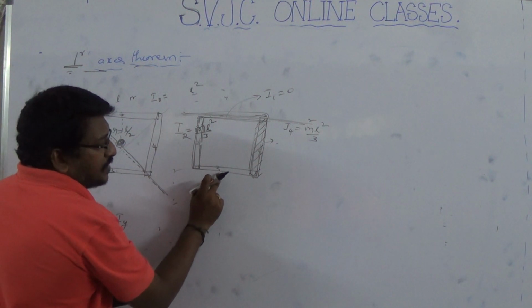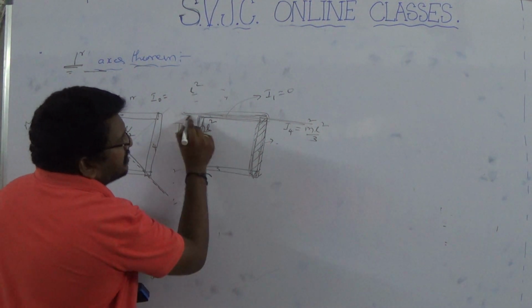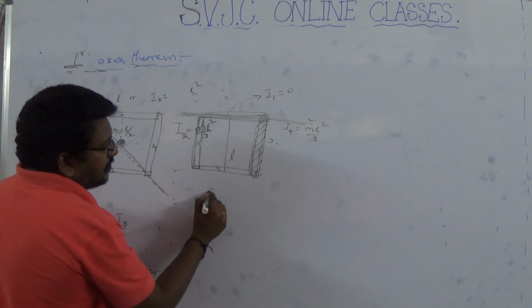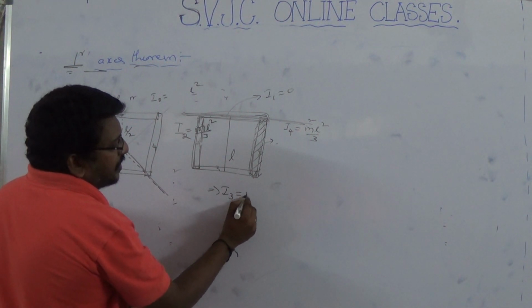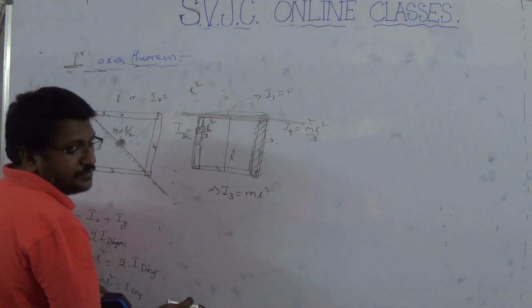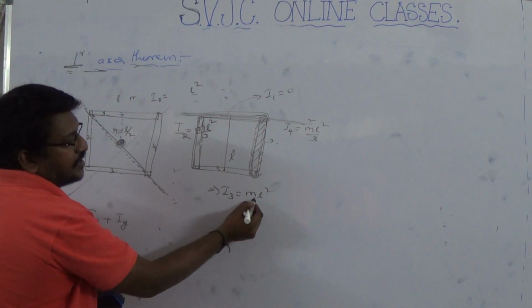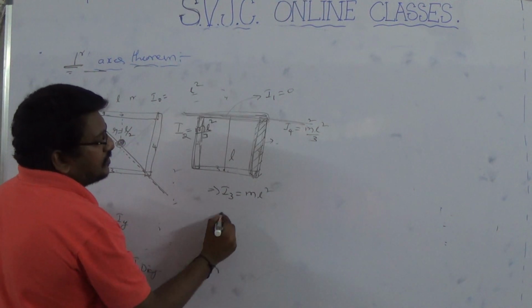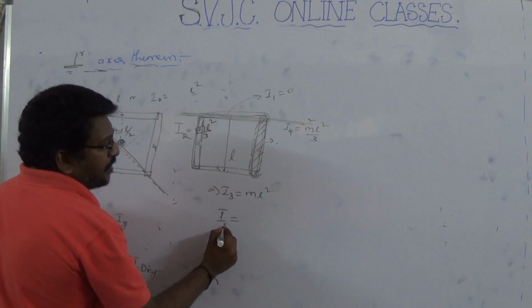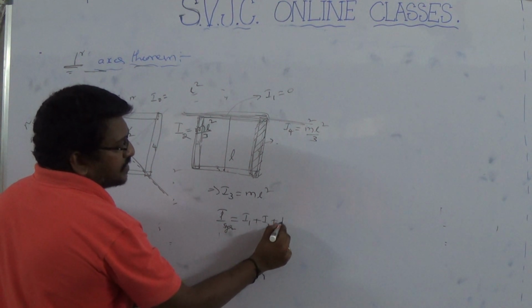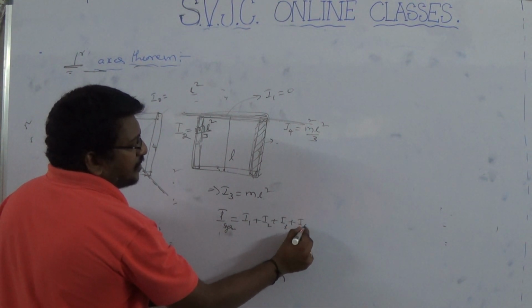Now what is this one? This is the third rod. From this axis, the third rod is at a distance L. I3 we can write as ML square. At a distance L, the mass is concentrated at the center of mass, that's why we can use ML square. Total I equals the moment of inertia of the system: I equals I1 plus I2 plus I3 plus I4.